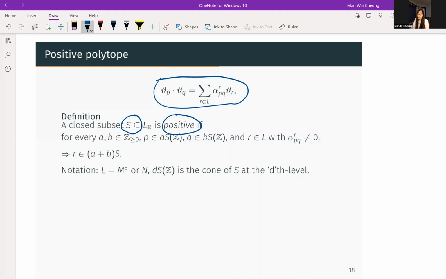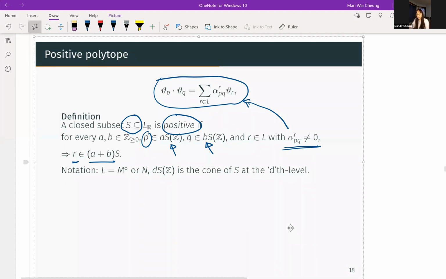multiplication formula. For P in the A-th dilation of my set, Q in the B-th dilation of my set, if I have R appearing on the right-hand side, then my R is just in the (A plus B)-th dilation of the set. You can see this is nothing but literally writing out the cone construction, or the grading we just had before in the toric case.